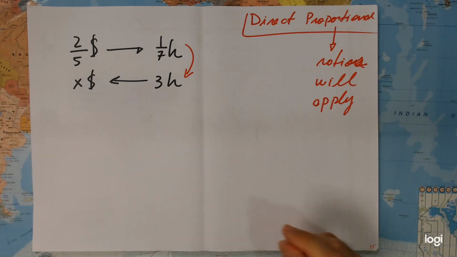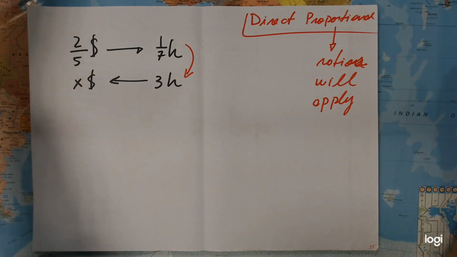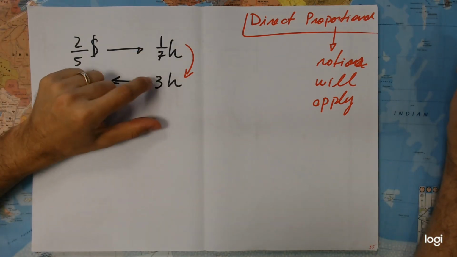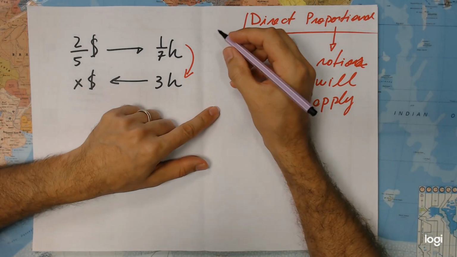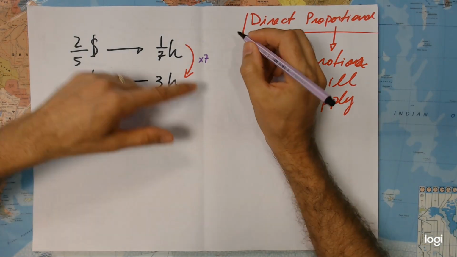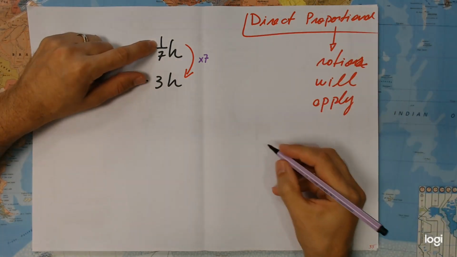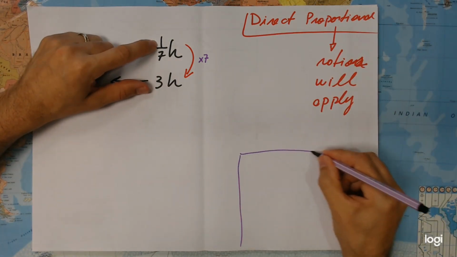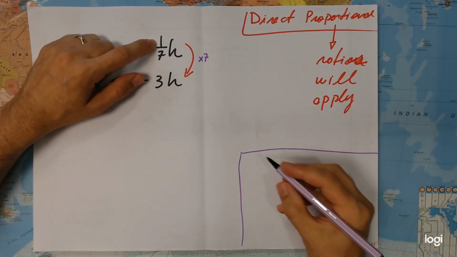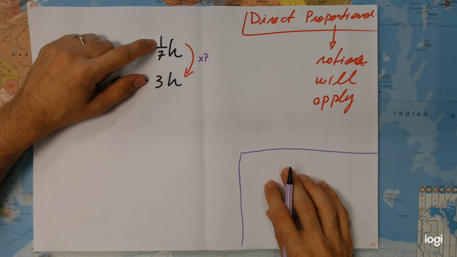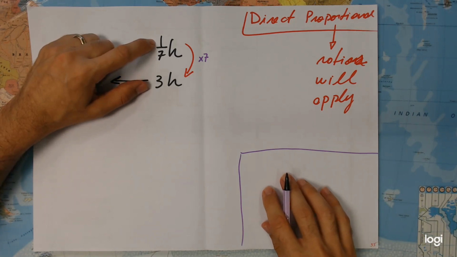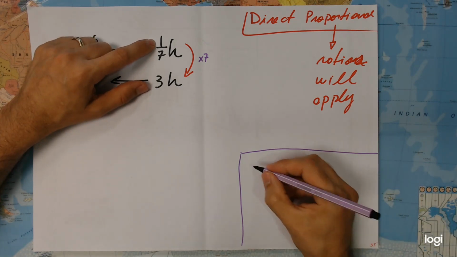And the question we have to ask ourselves is this: how can we get from 1/7 to 3? Well, if we just multiply 1/7 by 7, let's go in here. This is our place where we can do the math. I'm just kidding. What I'm actually saying is this is our thinking process, what is going on inside our heads.